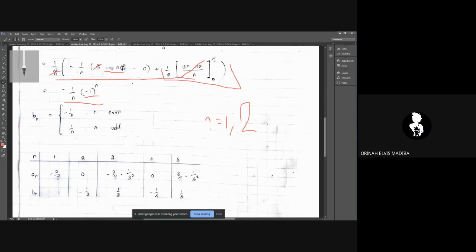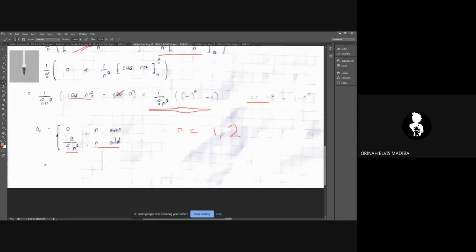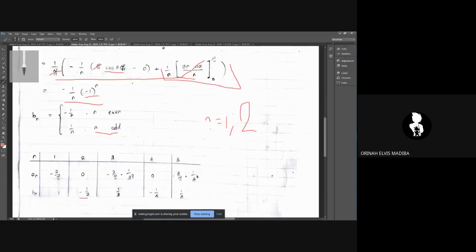Okay, so we come here. When n is 1, which is odd, 1 over 1, we get 1. When n is 2, which is even, we get 1 over 2, negative a half, and so forth. It can also be seen for this other part over here: when n is even, we get 0, so even numbers give 0.